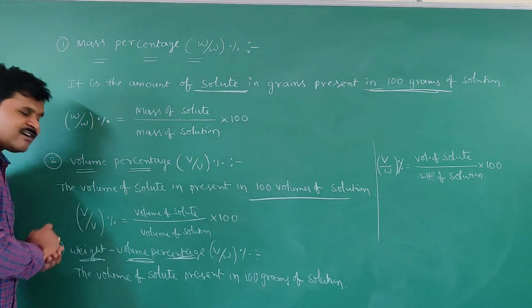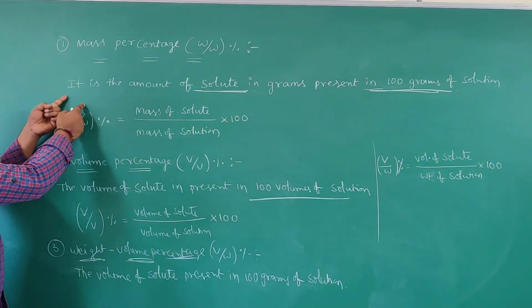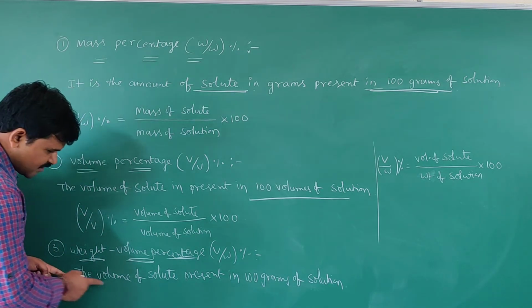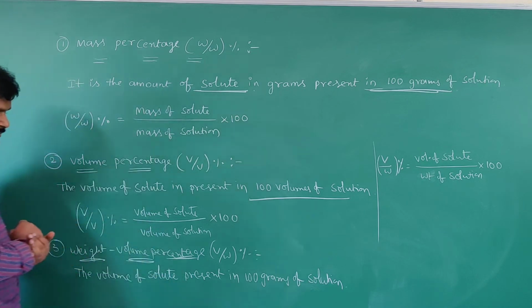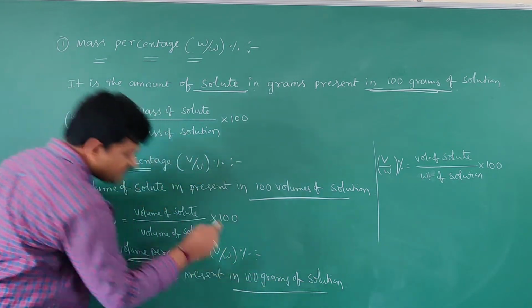Next, weight volume percentage. One is in weight, another in volume. It is defined as the volume of solute present in 100 grams of solution.